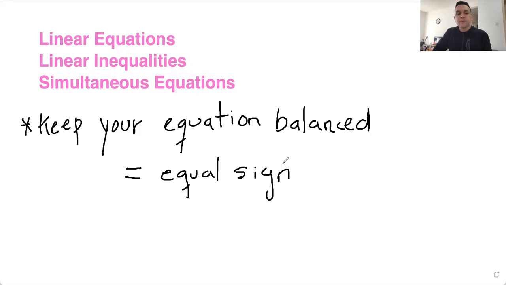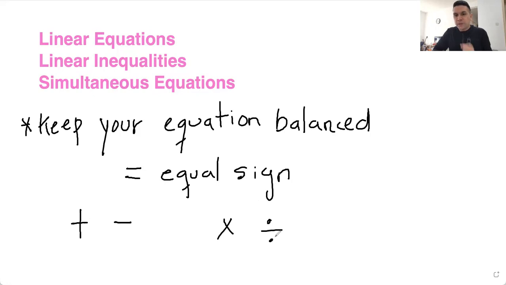And remember, to isolate the variable and to undo an operation, you must do the opposite. What's the opposite of addition? Subtraction. The opposite of subtraction? Addition. The opposite of multiplication?